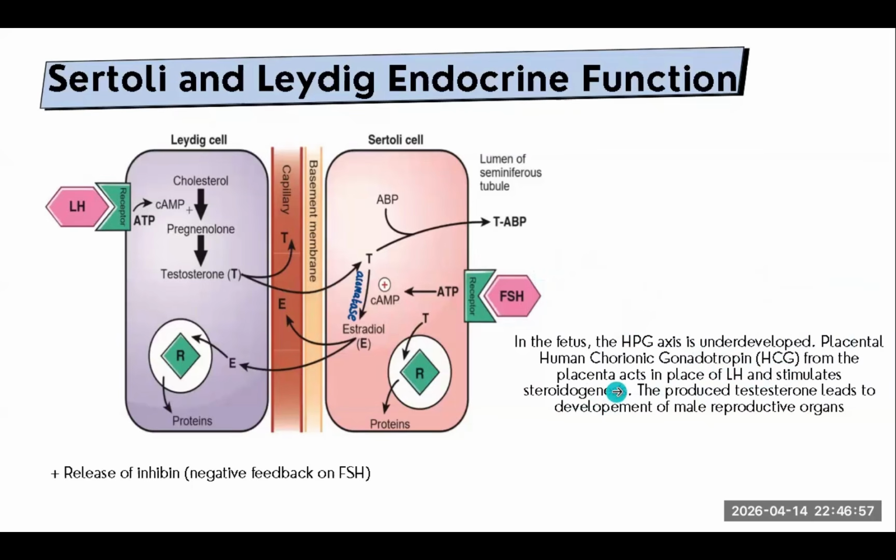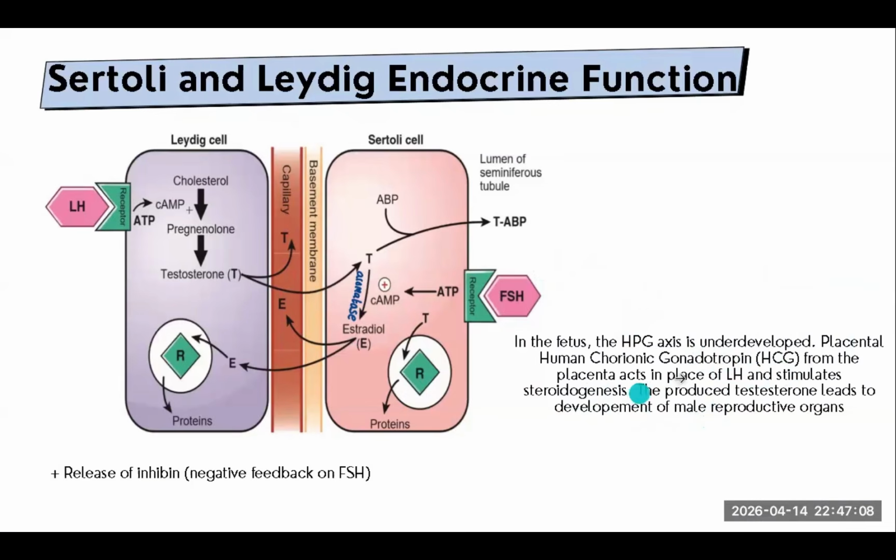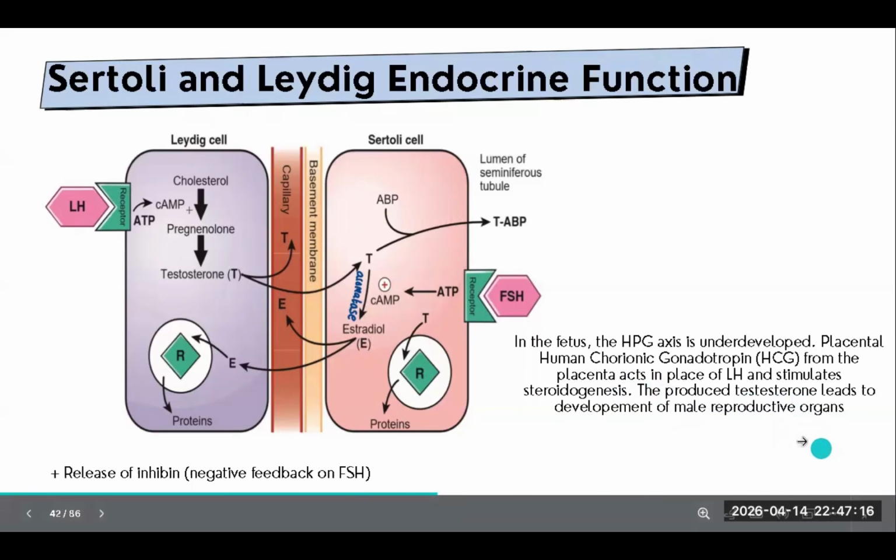If you guys remember, we said that we need the production of testosterone in the beginning so that we have male reproductive organs. So HCG stimulates the testes, and then the produced testosterone leads to the development of the male reproductive organs. Internal organs by testosterone, external organs by DHT, which is a product of testosterone.